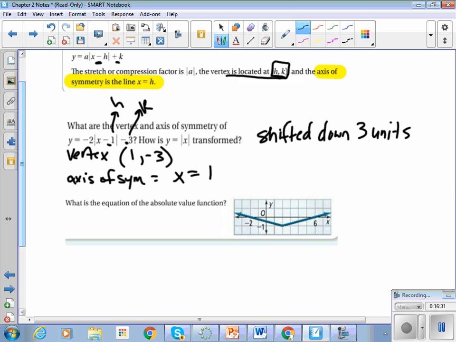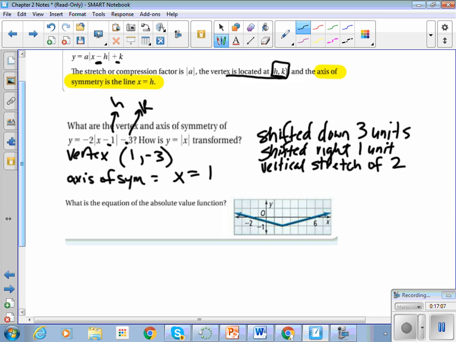It is shifted which direction? What is that h? What direction does that x minus 1 shift us? It shifts us right. So it's shifted right 1 unit. And the 2, so it has a vertical stretch of 2.